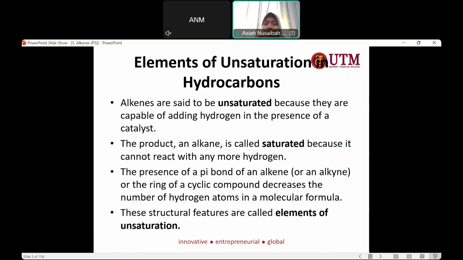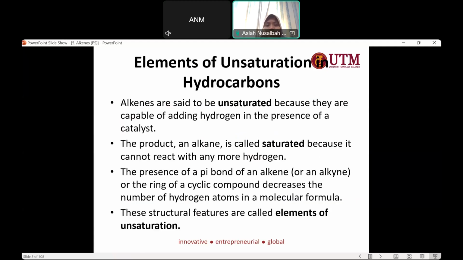Previously, during the chapter on alkanes, we already learned that alkane has only a single bond. That is why it is saturated. It has low reactivity because it has no additional element that allows it to be more reactive. For alkane, it has to react in a condition having heat or energy given to it.